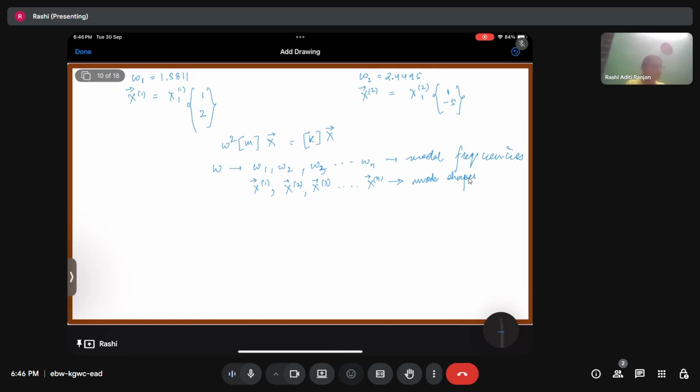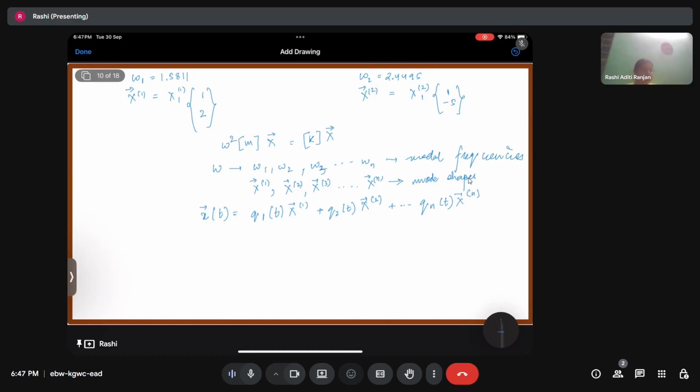Now, what we can do is we can assume the solution x of t as nothing but the summation of the multiplication of q1, q2, q3 and qn, which are the independent solutions, the decoupled solutions. Okay, and if we multiply them with the mode shapes, then we can assume the general solution as x of t.